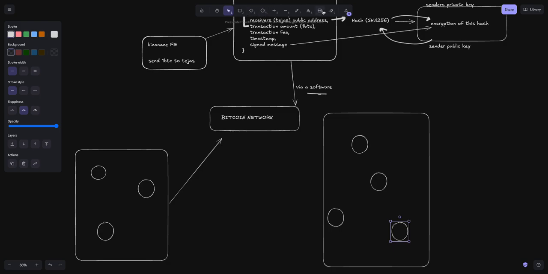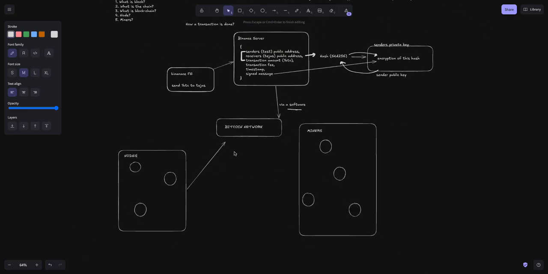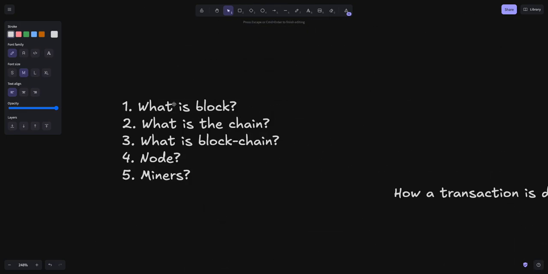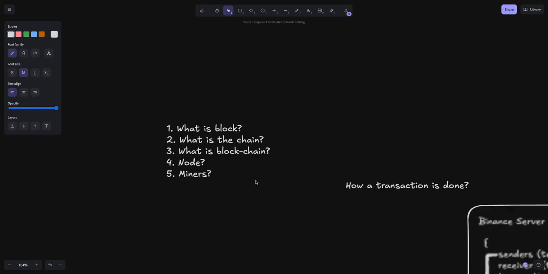These are text miners, not miners, and these are here on the left side, they are nodes. Now, as I already said, we are just about to come to the block and then the chain and then the blockchain. First, we are talking about miners and nodes.